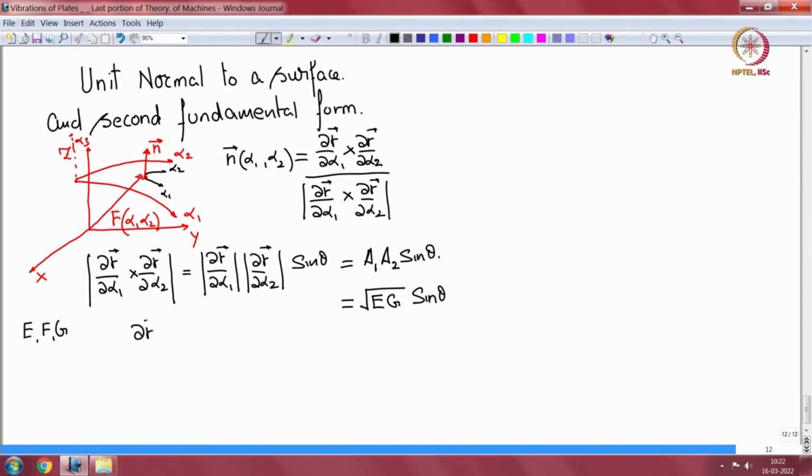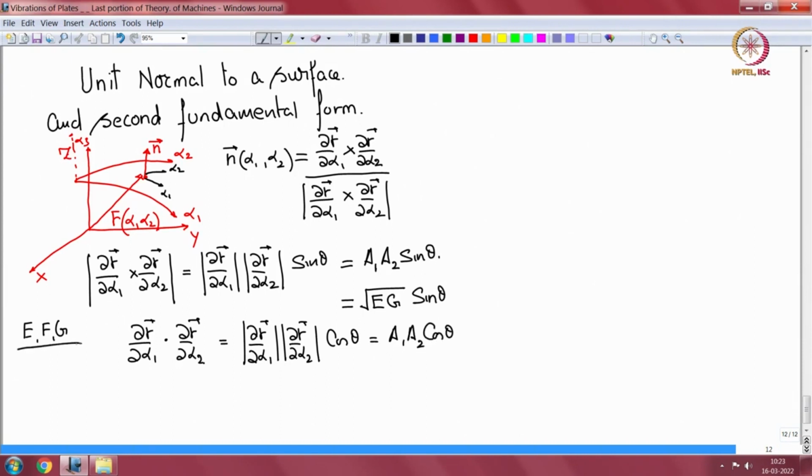Okay, del R by del alpha 1 dotted with del R by del alpha 2, which is again equal to the magnitude of del R by del alpha 1, del R by del alpha 2, cos theta, okay, which is again a1 a2 cos theta, or in the original first fundamental form, root E G cos theta.